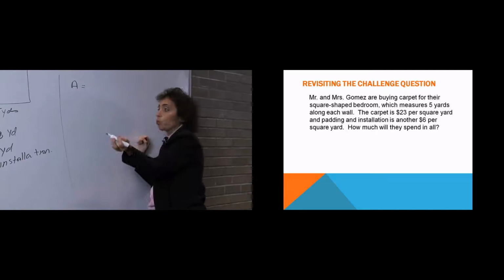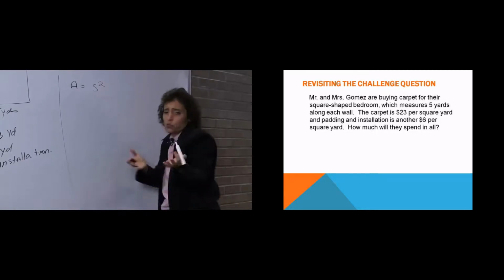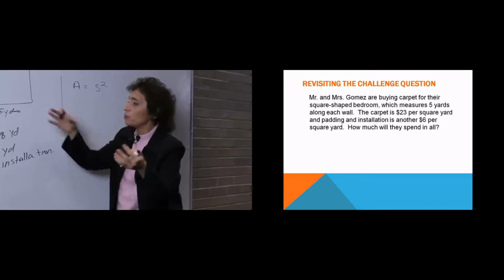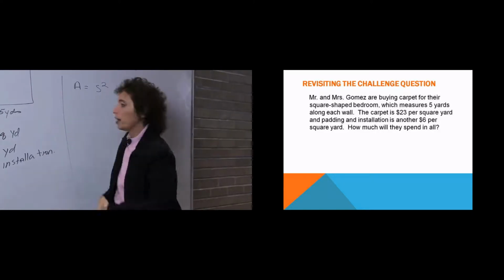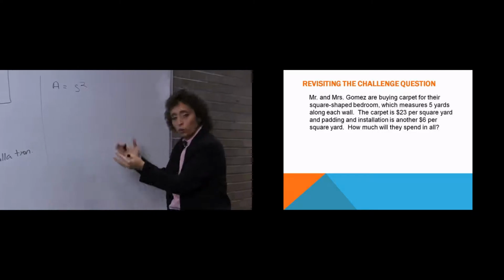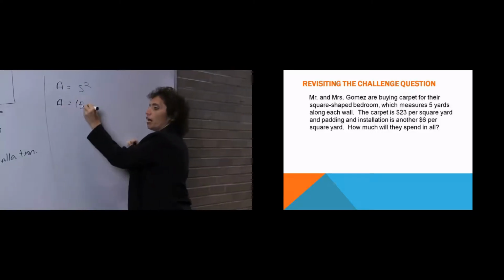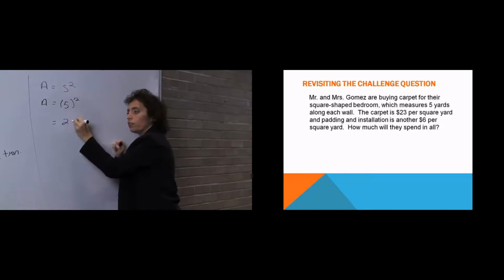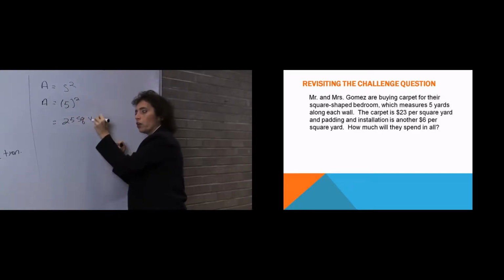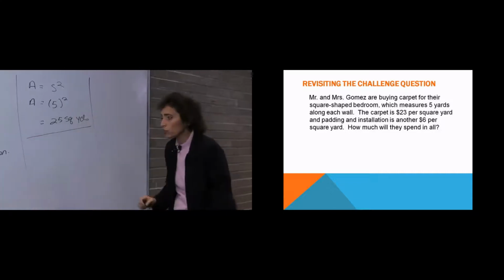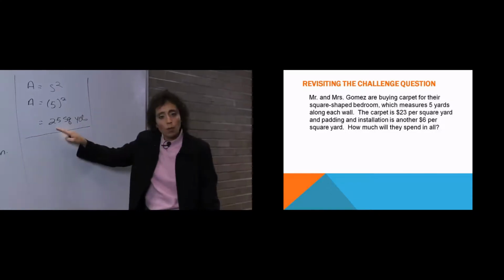A square is a parallelogram, and it is a rectangle, so it doesn't matter which formula you use, you'll get the same result. Area equals 5 squared, or 25 square yards, recalling that area is measured in square units. That's how much carpeting you need, 25 square yards.